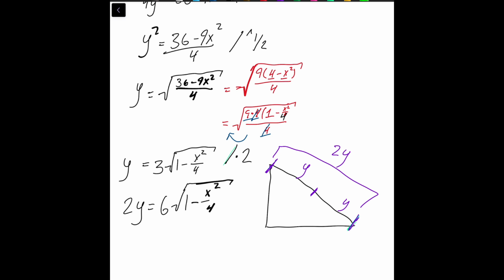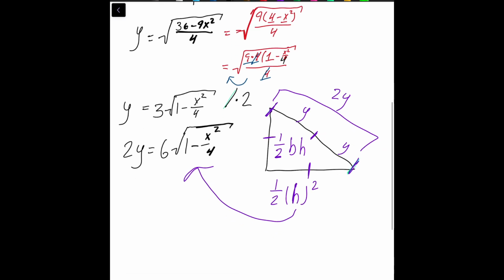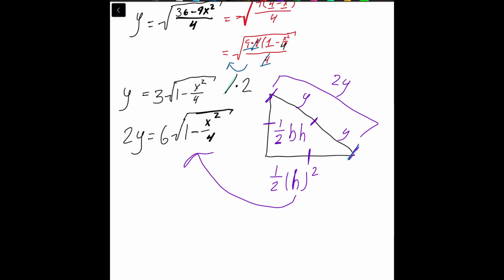If we remember, the area of an isosceles right triangle is 1 over 2 base times height, or in this case, because we have even length sides, I can just say 1 over 2 times the hypotenuse squared. Nice. So what is our hypotenuse? It's exactly what we just solved for right here.